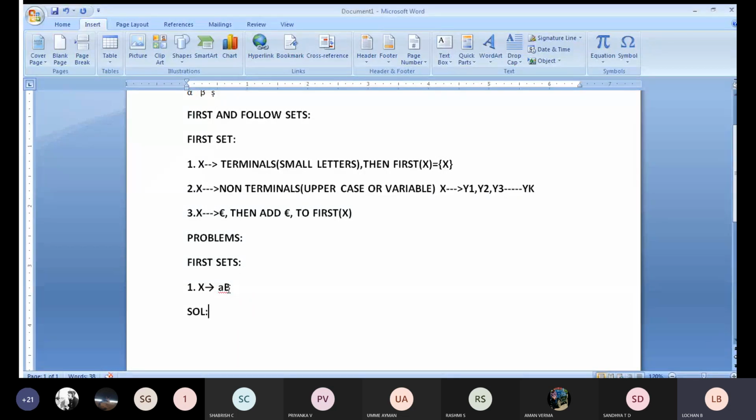Once you have copied the question, X implies AB, please inform me. We will solve the solution once you have completed.